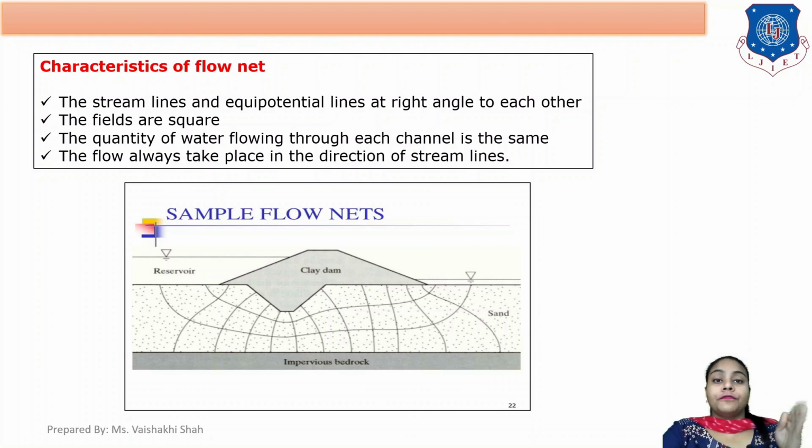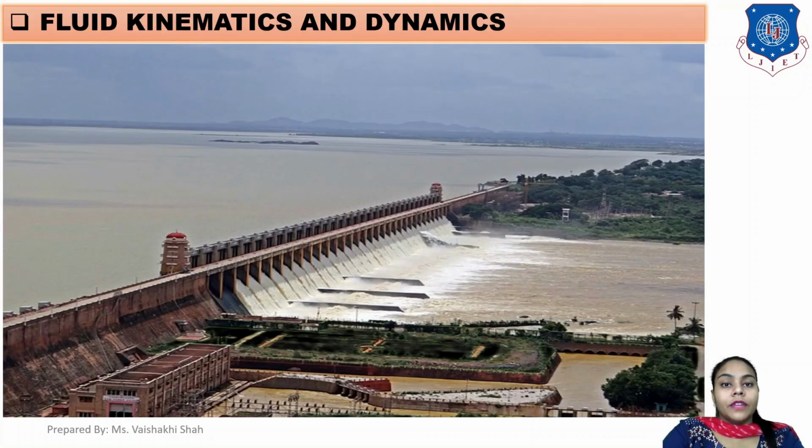Through each field, the quantity of water flowing must be equal. And the flow always takes place in the direction of streamlines, not in the direction of equipotential lines. The flow must be in the direction of streamline. So, this is the theory of flow net.